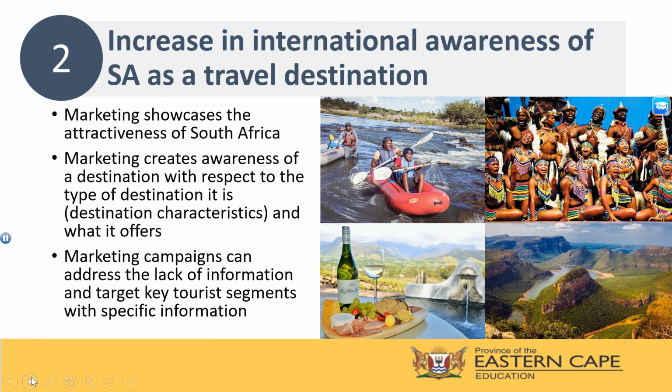And in South Africa, if you just have to take a look at the magnificent images on the right-hand side of your screen, you can already see what South Africa has to offer. I don't even have to repeat it to you. So we've got the attractiveness of South Africa being showcased by marketing, which is creating an awareness of the destination as to what is on offer at the destination.